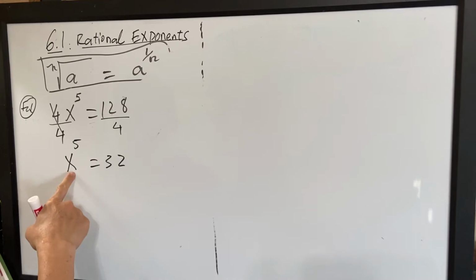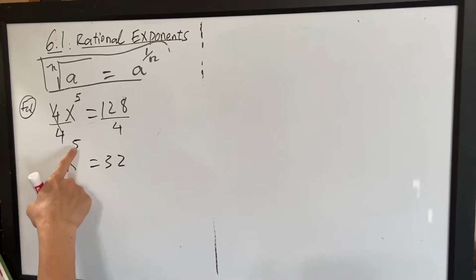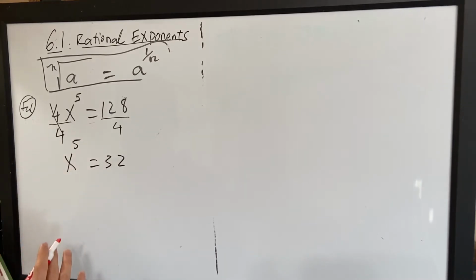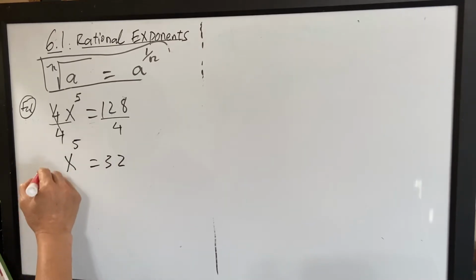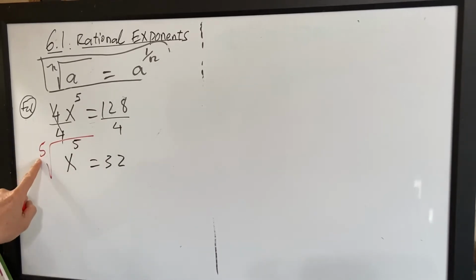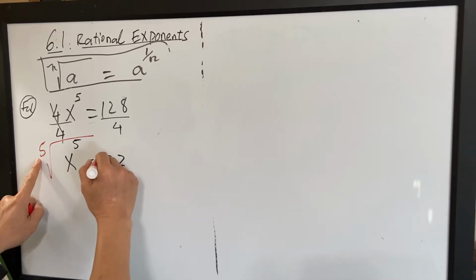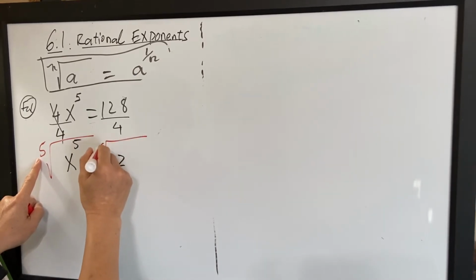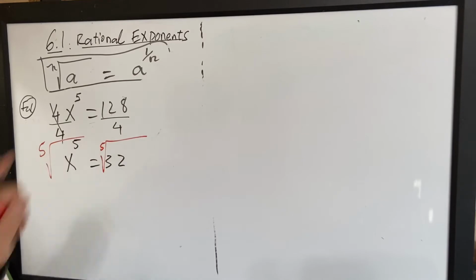Look, to find the value for x, I need to take the x to the 5th just by itself. How do I find that? Look, I am going to take the 5th radical root, the 5th root, of both sides. There we go. You see that? That's the technique.